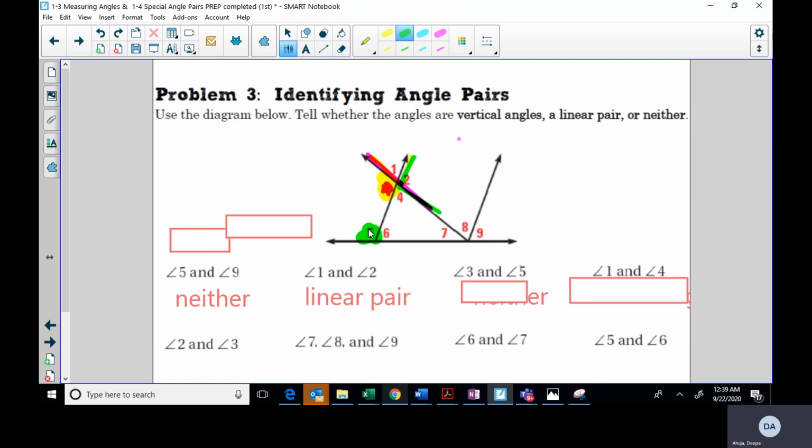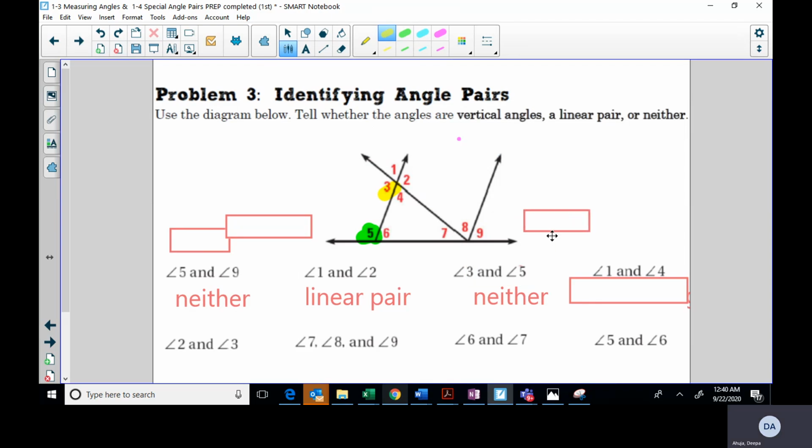Angle 5 has a different baseline. Angle 3 has a different baseline. Let's get this angle 3 straight. They do not have anything in common. So it's neither vertical nor a linear pair. So angle 3 and 5 are neither.